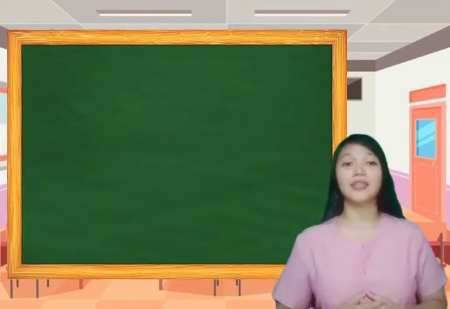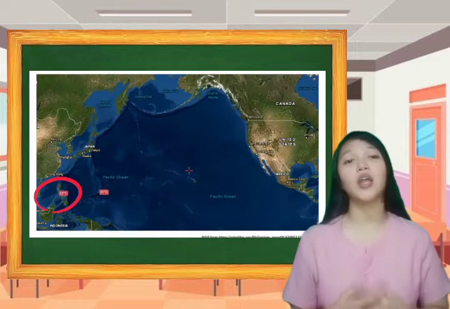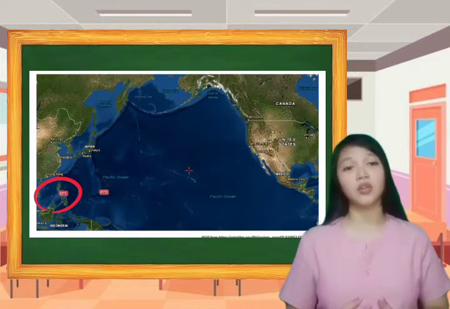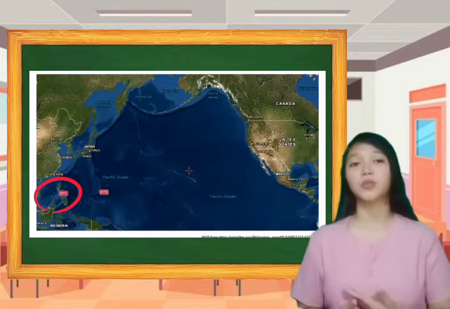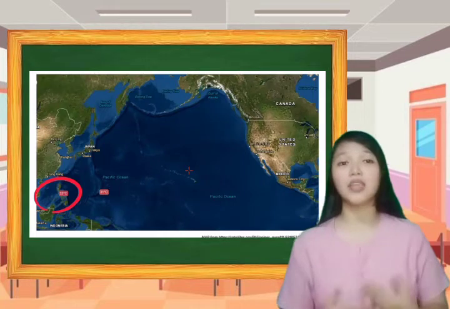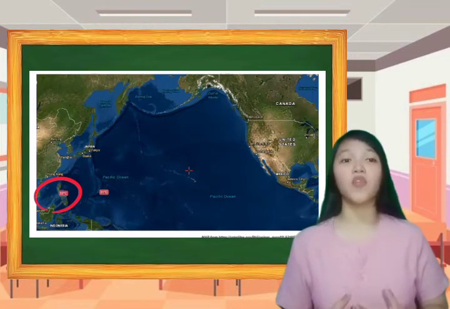Now, let's take a look at the neighboring islands of our country. So in this picture, you can notice that our country's strategic location in the Pacific makes it part of what?